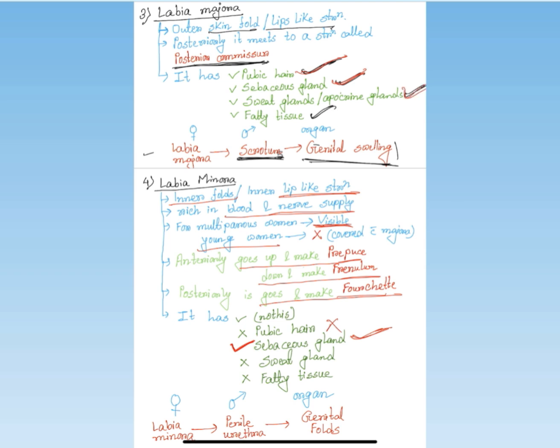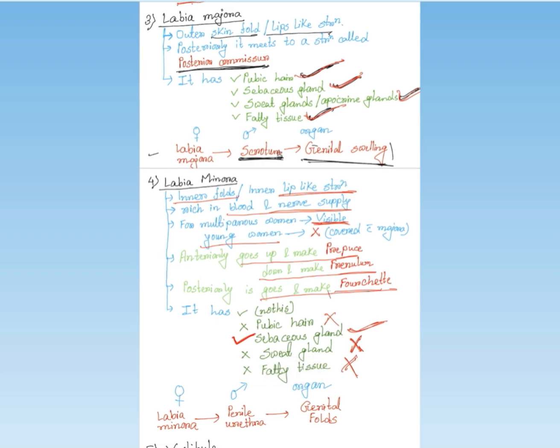So in the labia majora all four structures are present; in the labia minora, except sebaceous glands, all are absent.